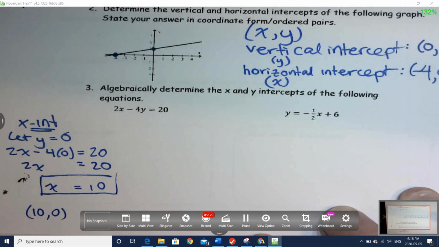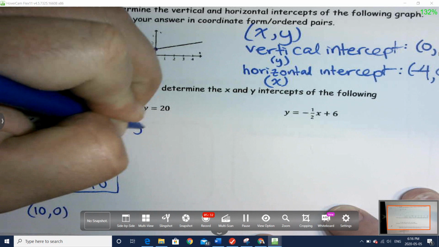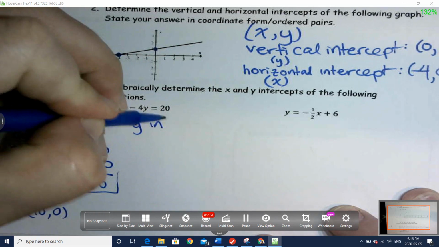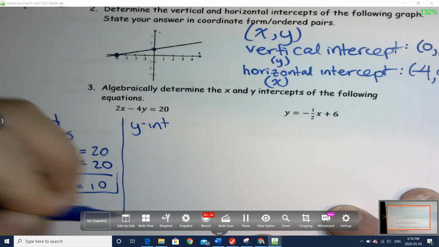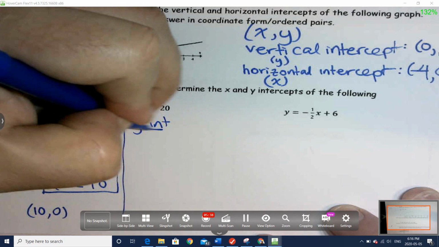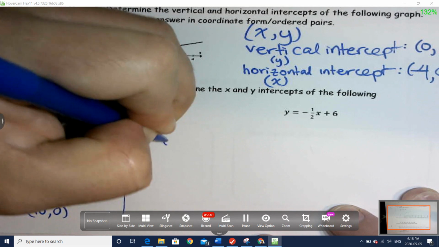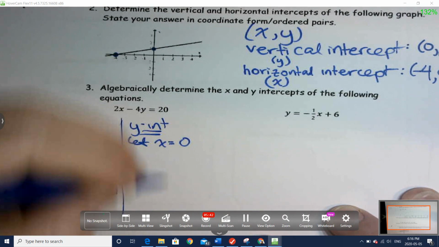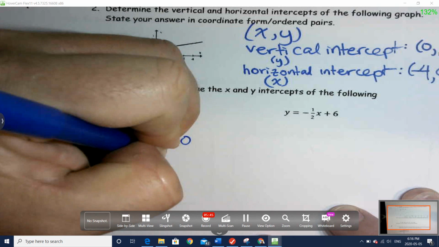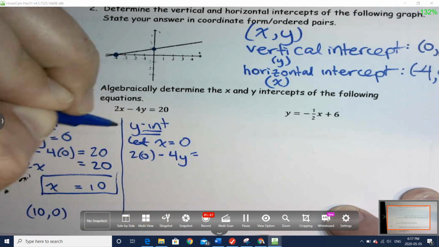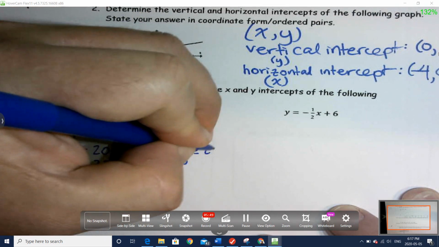Let's take a look at the y-intercept now of this same equation. We need to let x equal 0. So this will be 2 by 0 less 4y is 20.